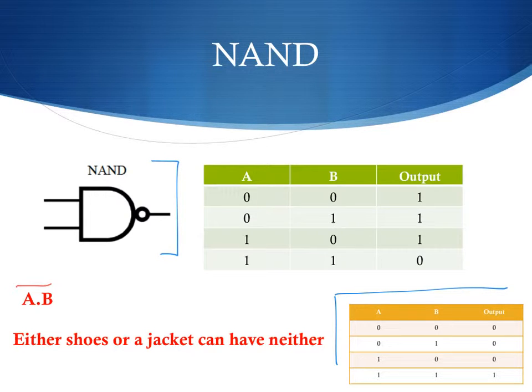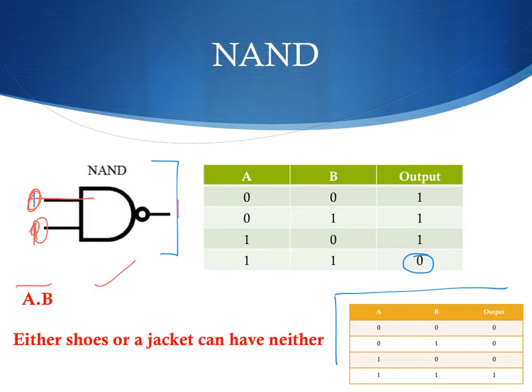The only thing that comes out true with an AND gate is if you have both of them. That is the only thing that comes true with an AND gate. So with a NAND gate, anything but that comes out true. So 1 there, 0 there, that works. 0 there, 1 down here, that works. 0 here, 0 here, that works. That'll come out with a true.